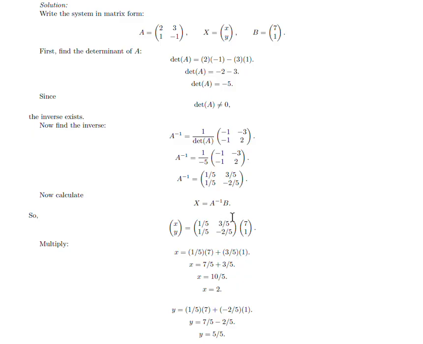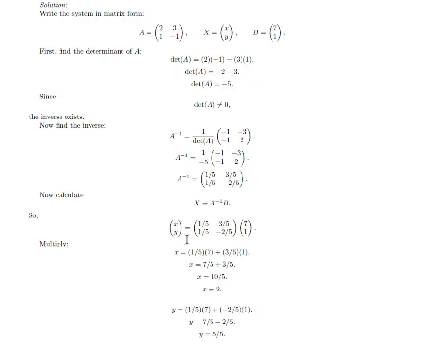We'll get our row 1 column 1, which is X, and then row 2 against column 1 will be 1 over 5 times 7 minus 2 over 5 times 1. That will give us Y.